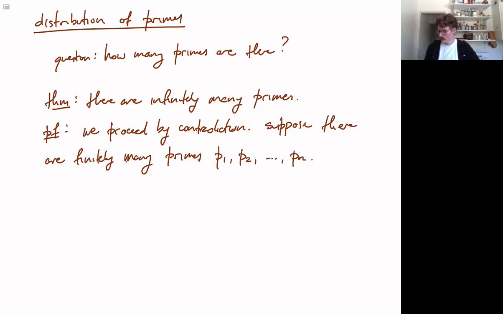Then, essentially, what we can do is use this concrete list of primes to write down a concrete number that somehow does not come from these primes. So consider P1 times P2 ... times Pn plus 1.